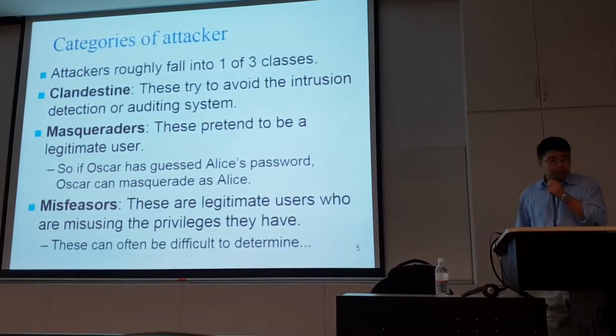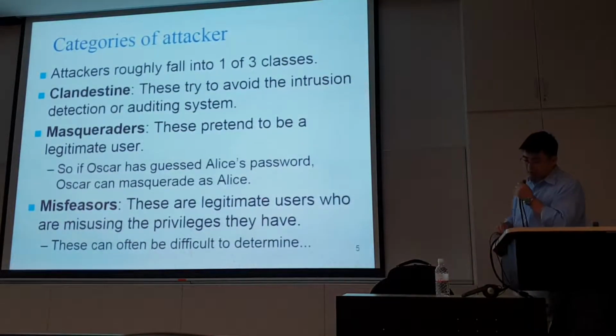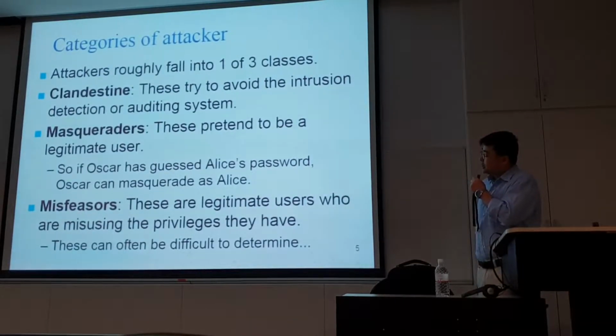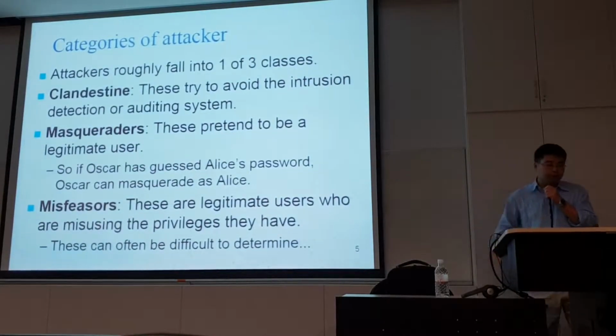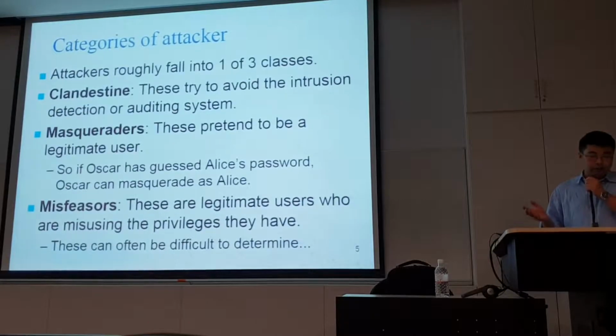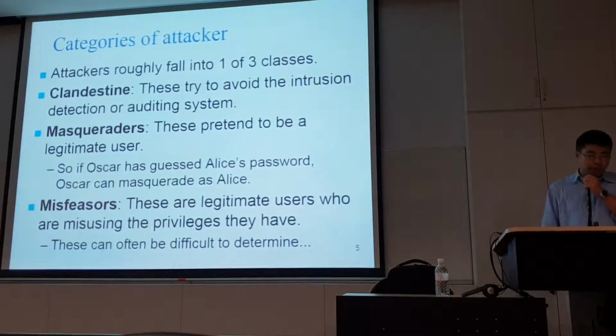There are three types of intruders: clandestine, masquerader, and misfeasor. The situation I mentioned is the second case, the masquerader. The attacker may obtain your password through some means, and then tries to log into the system and access the resources that are allowed to be accessed by Alice.